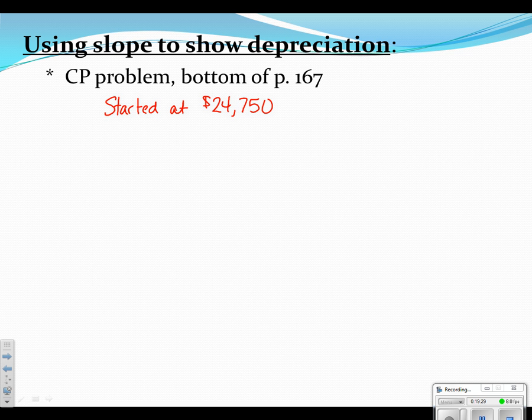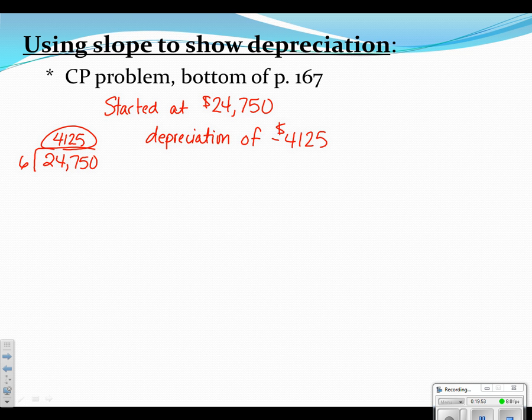So if it goes down in equal increments for 6 years, let's figure out what it's going to drop per year. If we divide that up evenly, we're going to find a depreciation of negative $4,125.